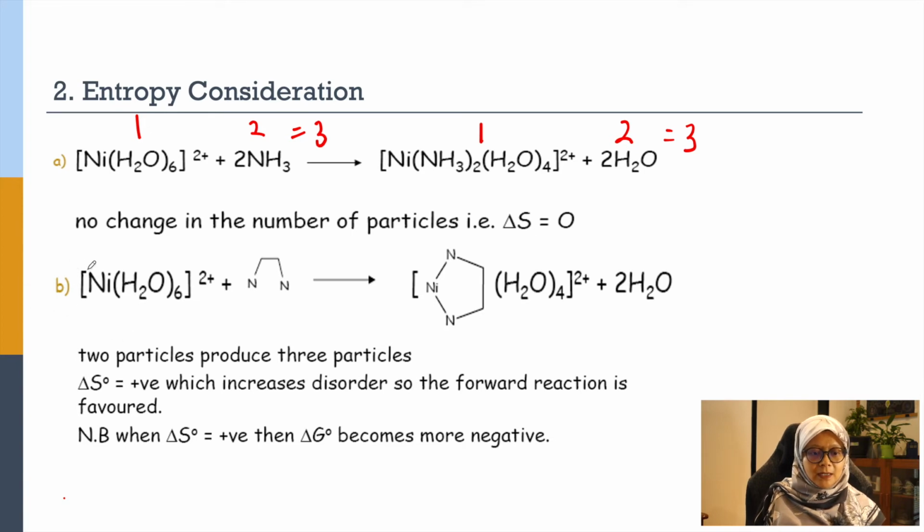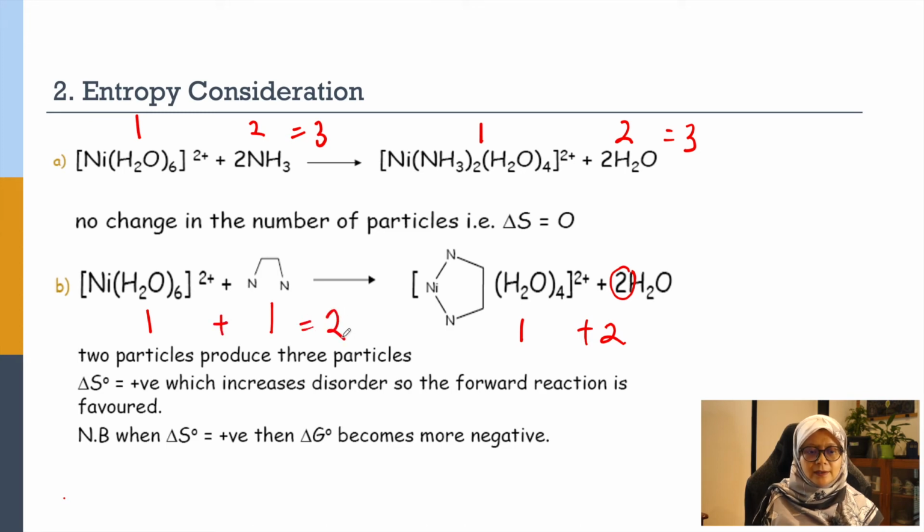Okay, for the B, what happened here? We have 1 and also 1 here. Let's say they are particles. We have 2 particles here, while for the product we have 1 and also 2 here.